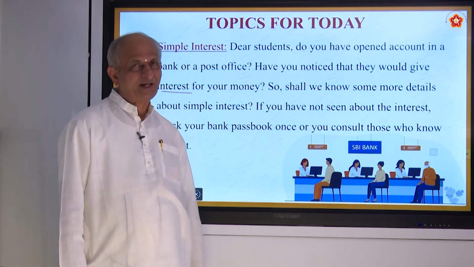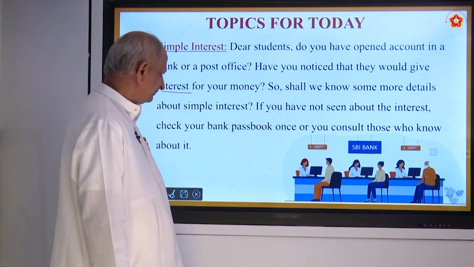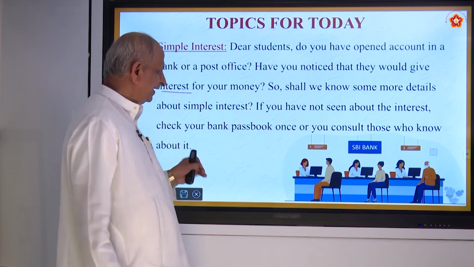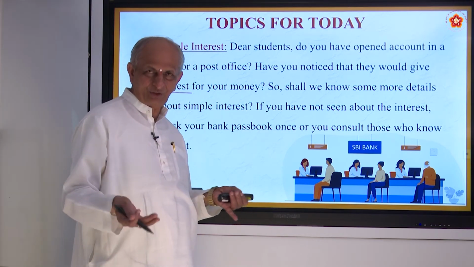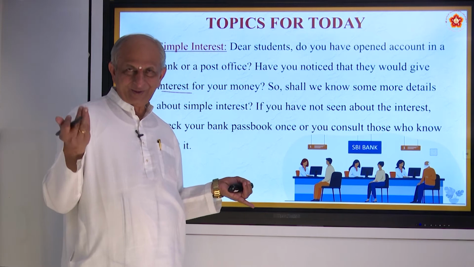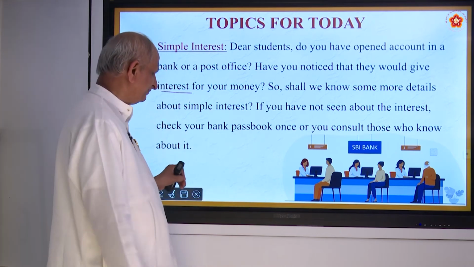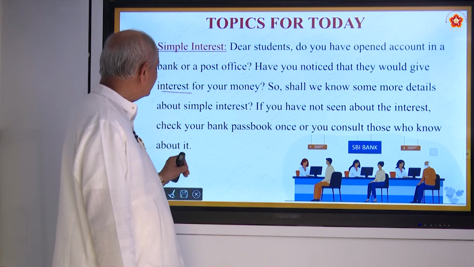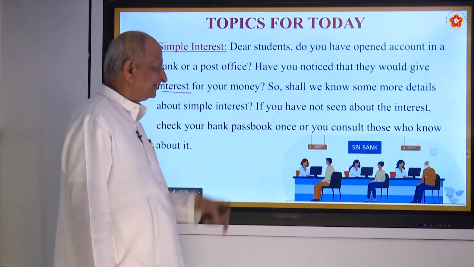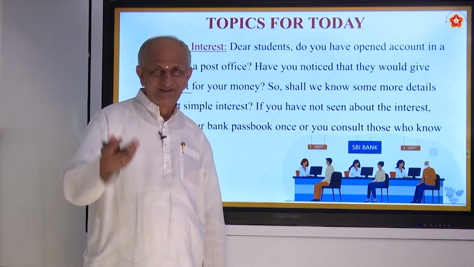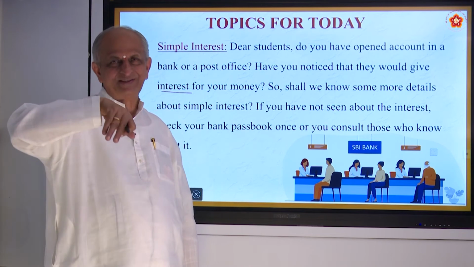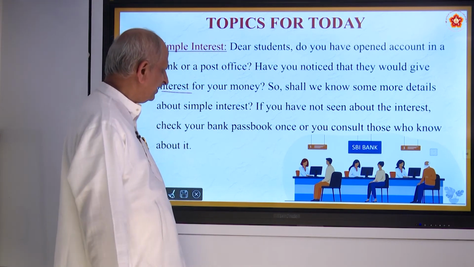For that also they will charge. Is it not? Anyway, as customers, meaning you and I, we will be interested to see the interest. What type of interest is it? It is called simple interest. And one more is there, interest on interest, that is called compound interest, that we will see later.